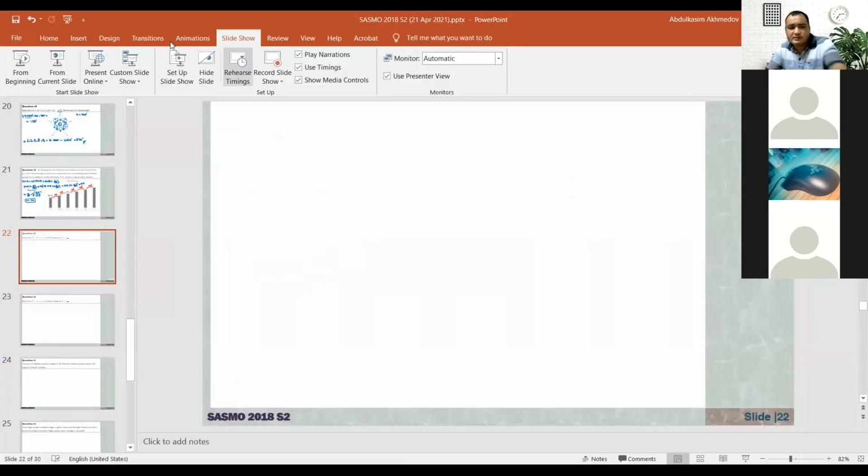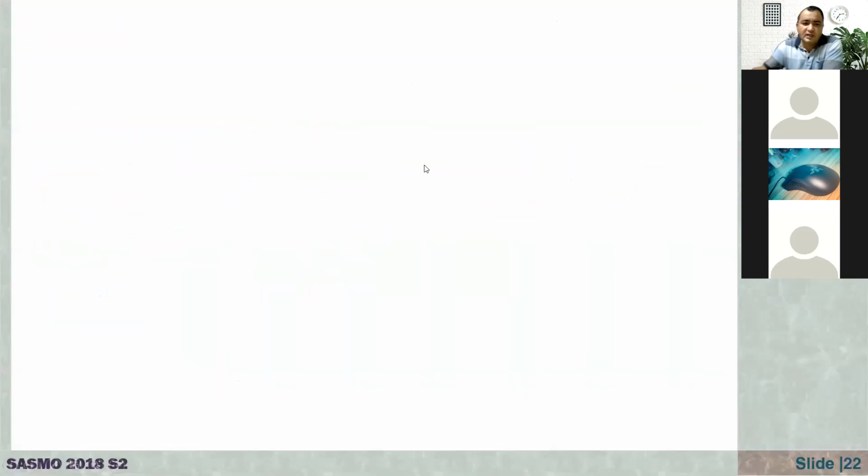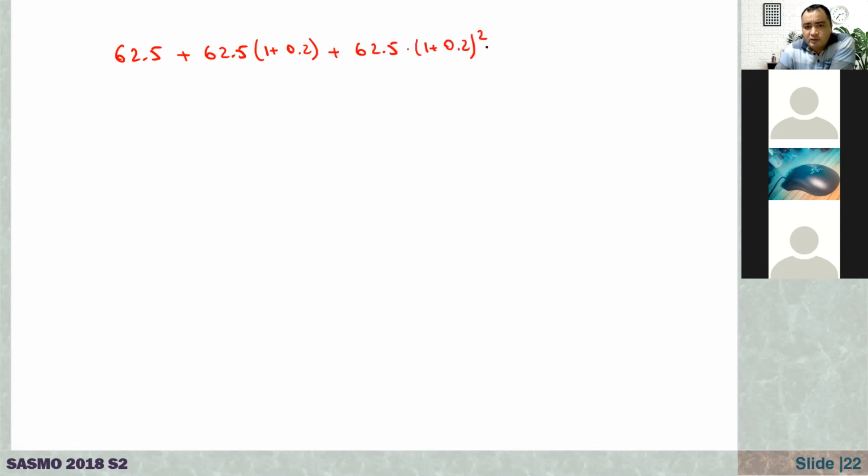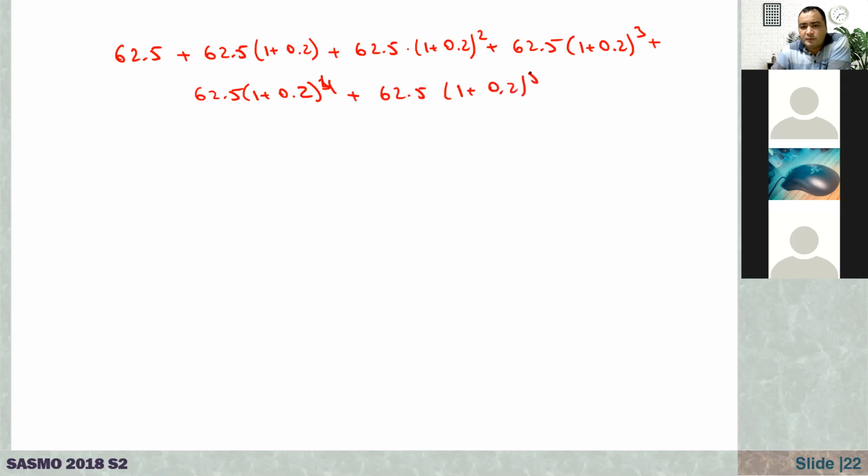So what we have is 62.5 plus 62.5 times (1 plus 0.2), plus 62.5 times (1 plus 0.2) squared, plus 62.5 times (1 plus 0.2) cubed, then to the power of 4, and 62.5 times (1 plus 0.2) to the power of 5.